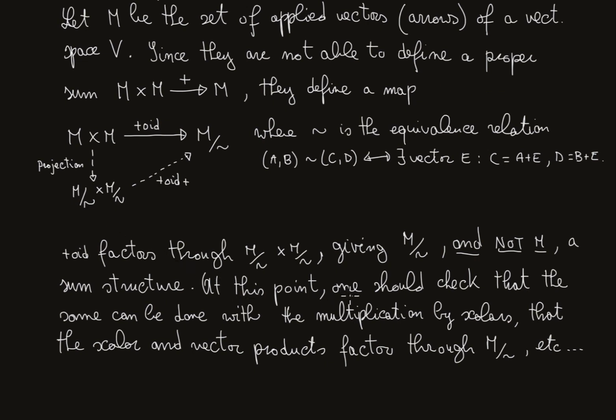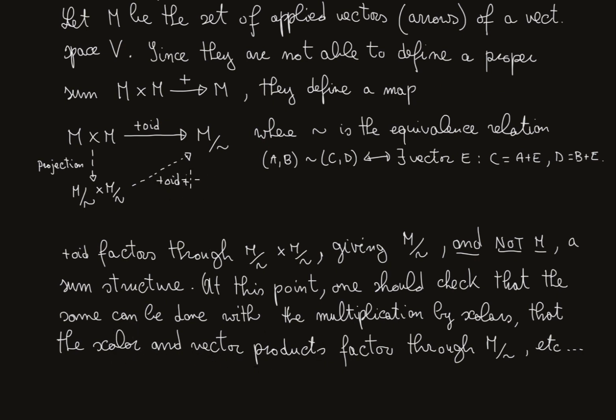At this point, one should check that the same can be done with the multiplication by scalars, because the sum is not the only structure we need to make a set a vector space. We need the sum, but then we also need multiplication by scalars, and possibly other structure that we analyze in the course, like scalar and vector products.